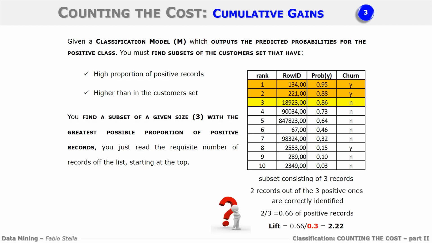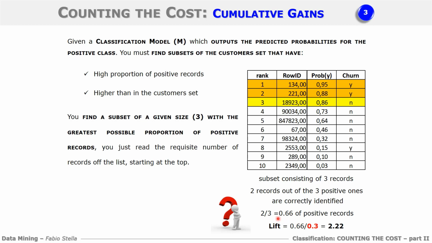However, we need to better clarify how the lift value is computed. In particular, we have just shown that the lift value associated with the subset of potential churners consisting of 3 customers, selected by using the probability values computed by the classification model capital M applied to the customer set consisting of 10 customers, was equal to 0.6 divided by 0.3.